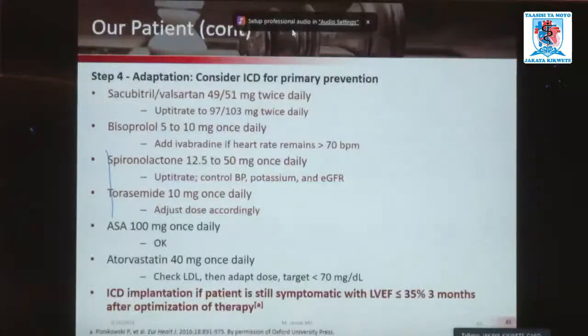So let's go back to my prescription. I'm still on my last step, which is step 4, adjusting my prescription. So now I have sacubitril valsartan, I have my beta blocker bisoprolol, I have my MRA spironolactone, I have my torsemide diuretic, I have my aspirin, and I have my statin 40 milligram with a target of 70.